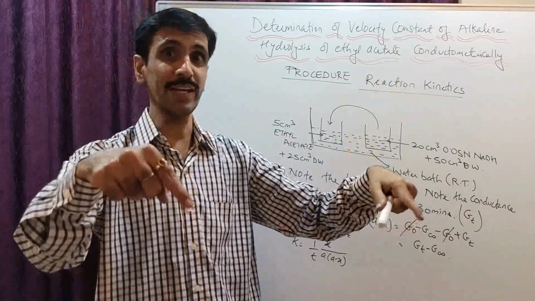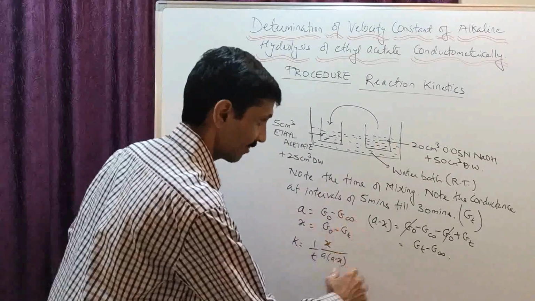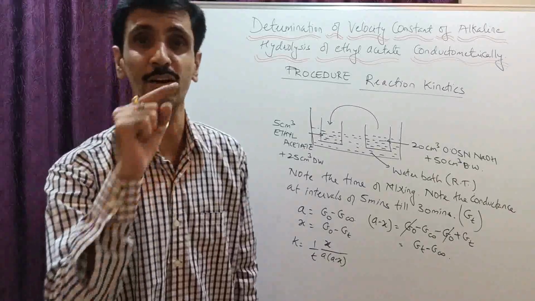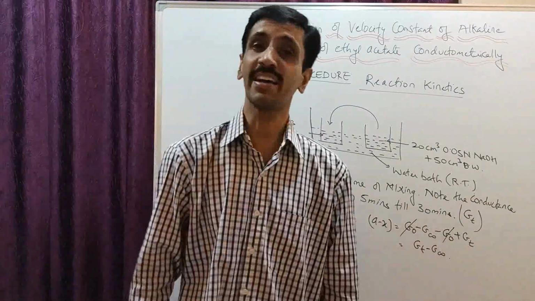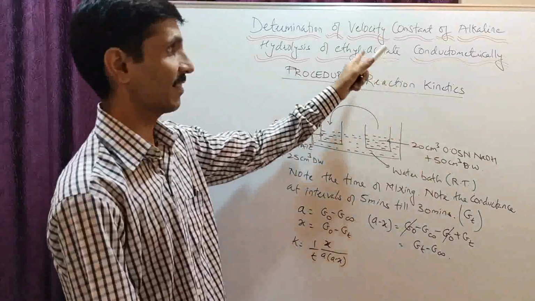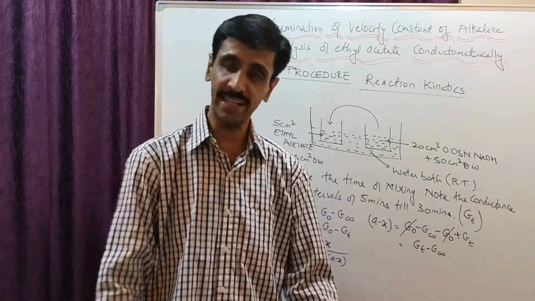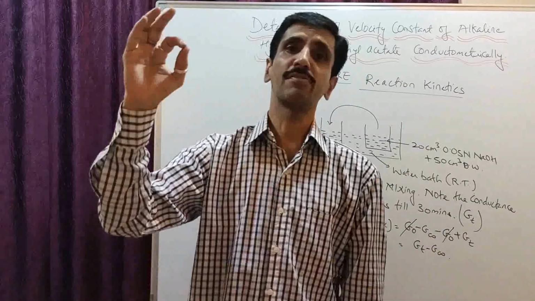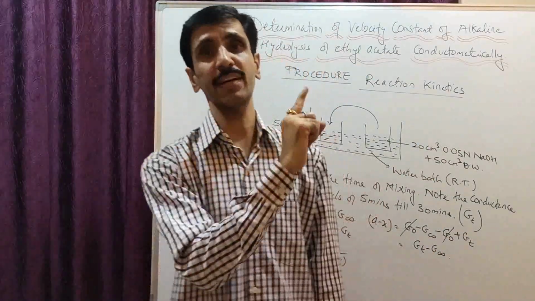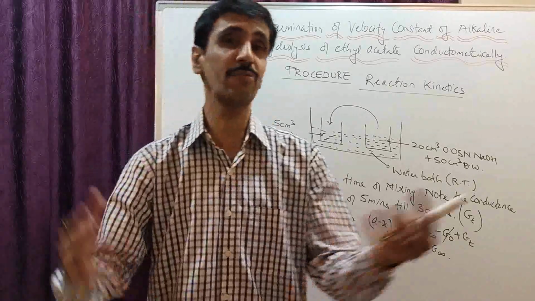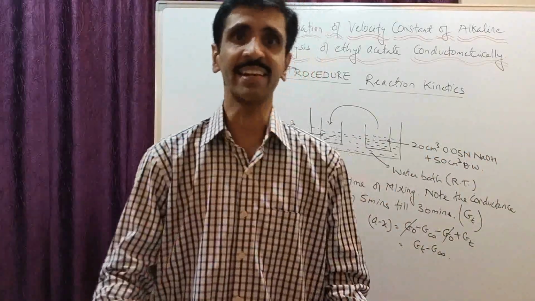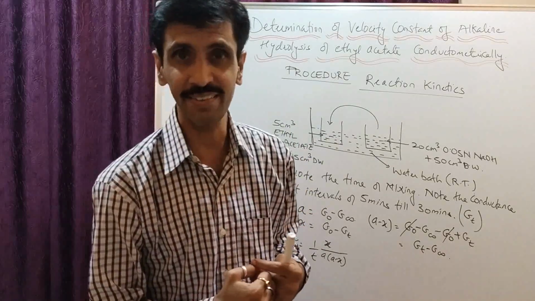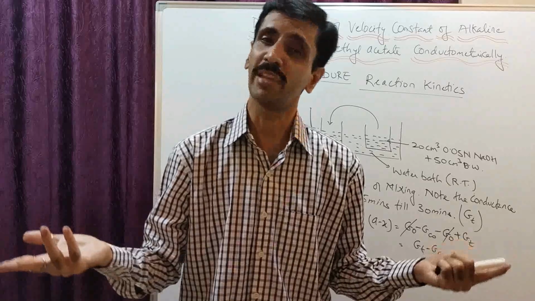Because we are doing it on the basis of conductance, measured by a conductometer, this is a conductometric experiment. This is the entire theoretical approach of this experiment. I am sure you have understood this, and you will find it very interesting, as I found it interesting presenting in front of you. Thank you so very much.